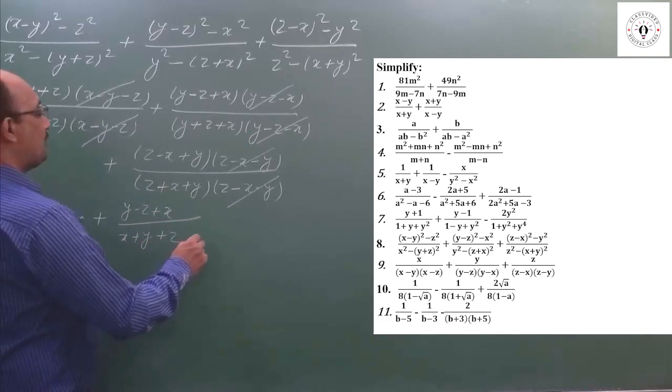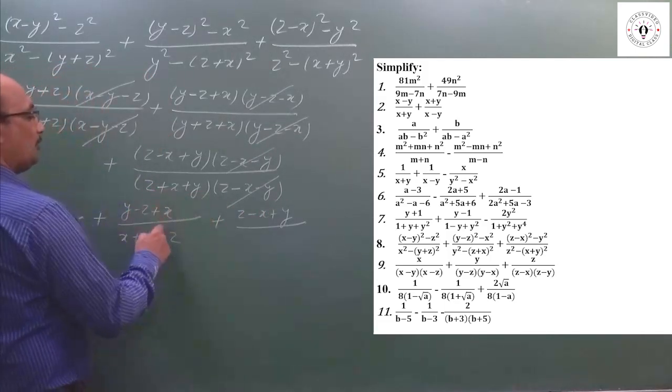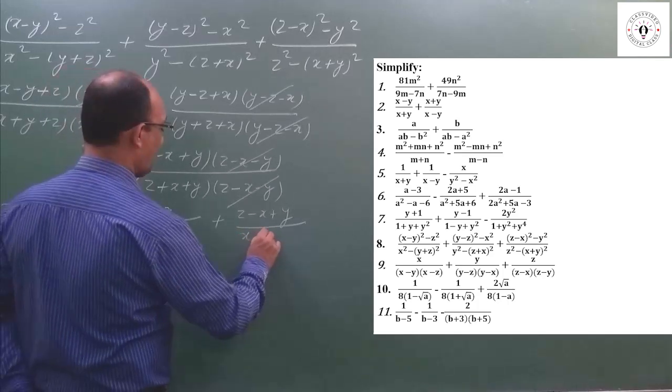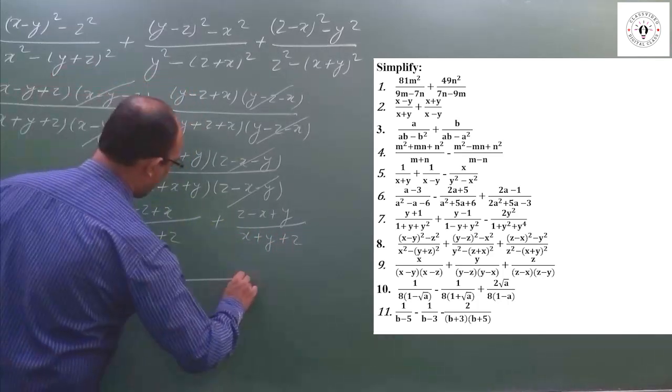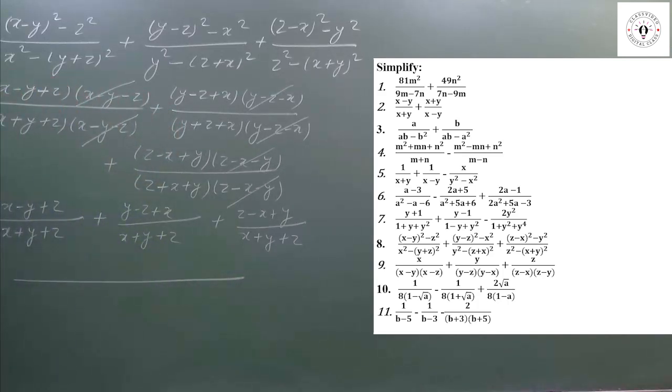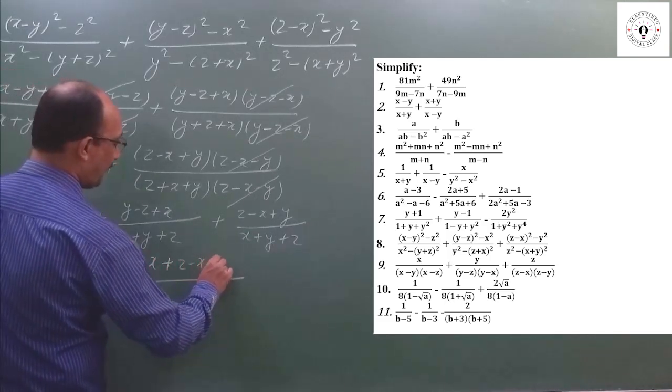Similarly, the third fraction is z minus x plus y. Arrange the denominator. If you arrange it, it becomes x plus y plus z. Since all the fractions have the same denominator, the LCM will be the same, x plus y plus z. The numerator will also be the same, x minus y plus z plus y minus z plus x plus z minus x plus y.